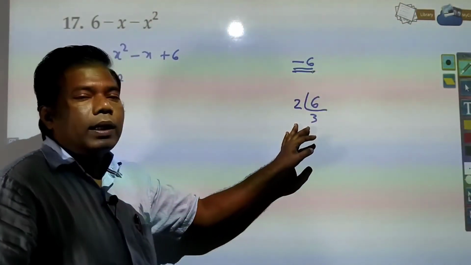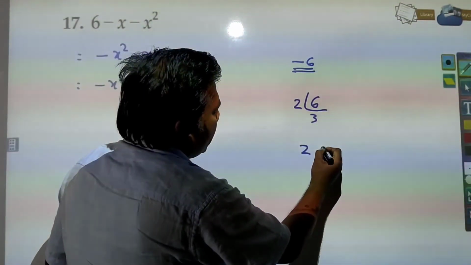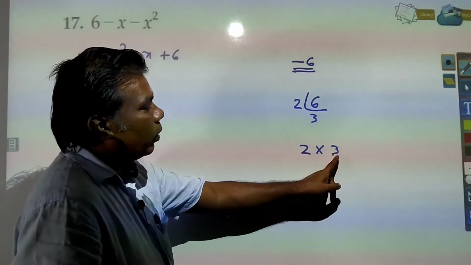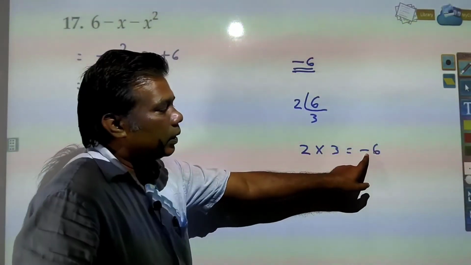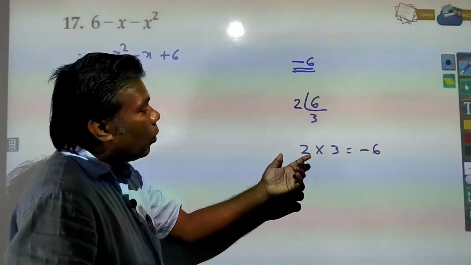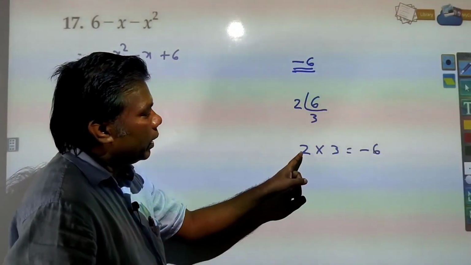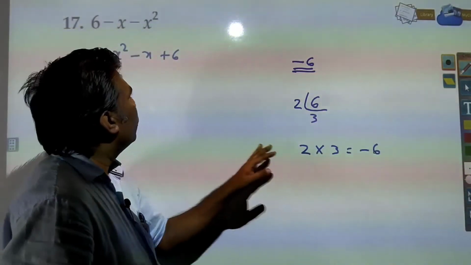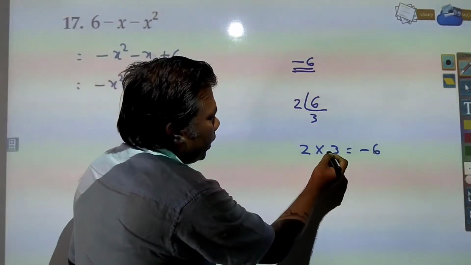So if you are getting product minus 6, then what you need to do, either 2 will be negative or 3 will be negative, then only you will get minus 6. So which one should be negative, 2 or 3? How will you know? Because here you have minus x, means biggest number should be negative.